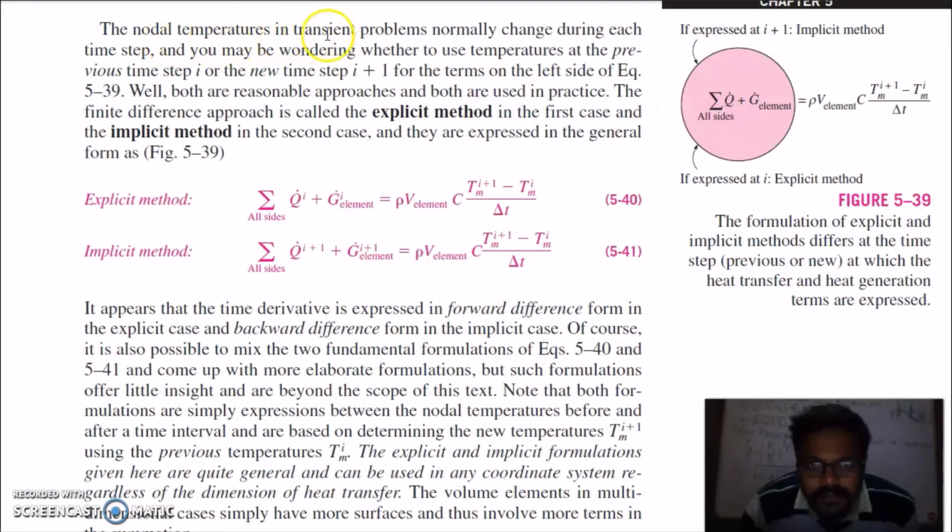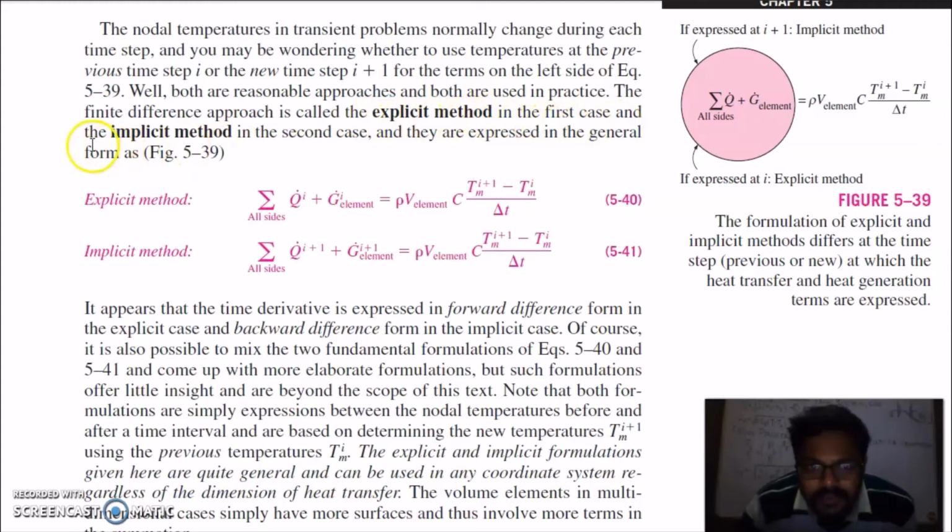The nodal temperature in a transient problem normally changes during each time step, and you may be wondering whether to use the temperature at the previous time step i or the new time step i plus 1. Well, both are reasonable approaches and both are used in practice. The first approach is called the explicit method, and the second is called the implicit method.